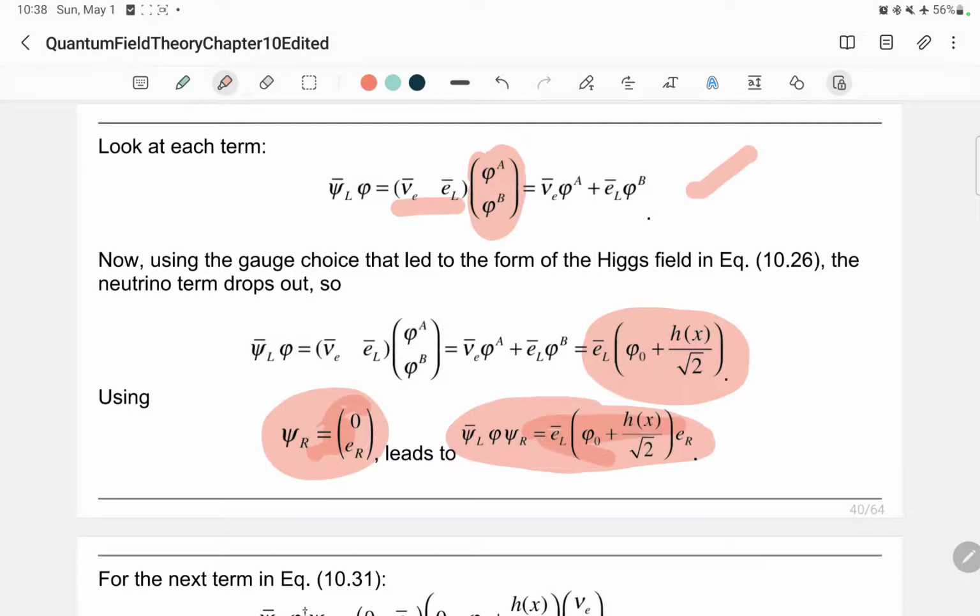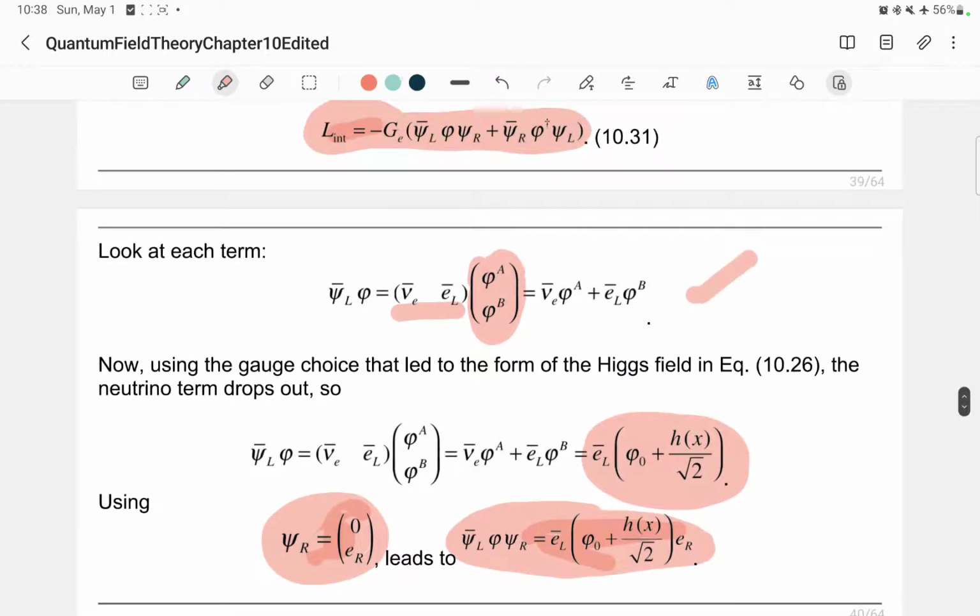This will now replace the first term there.